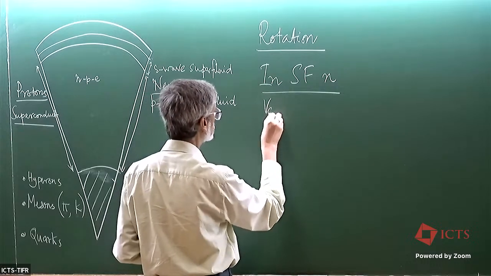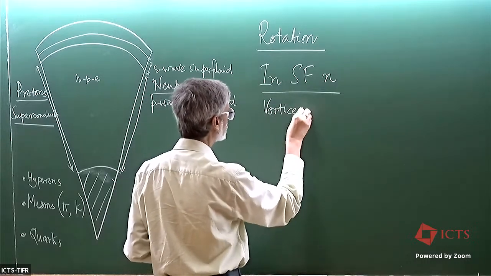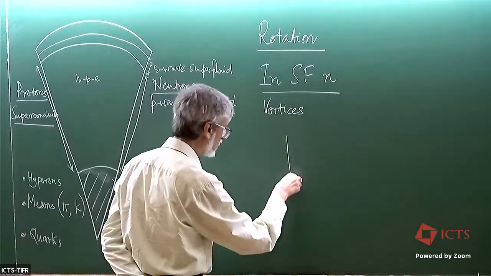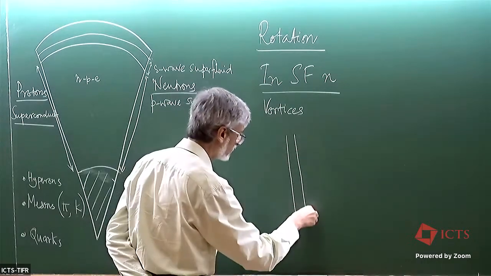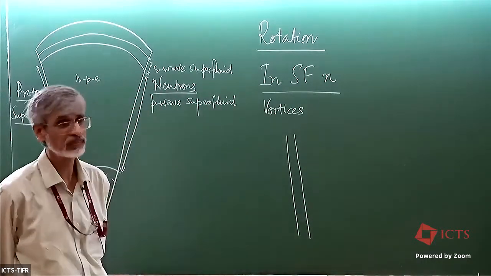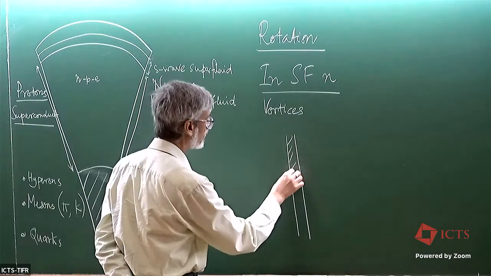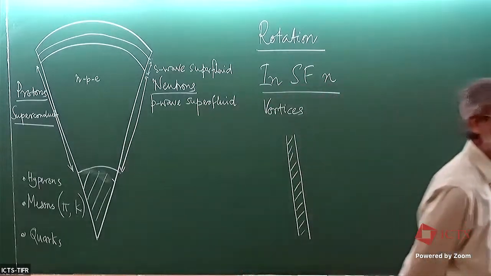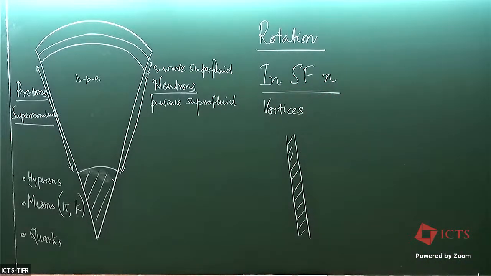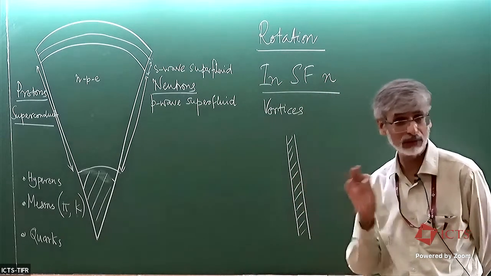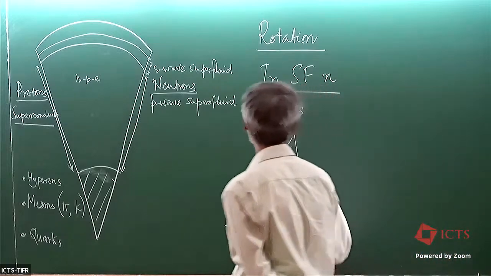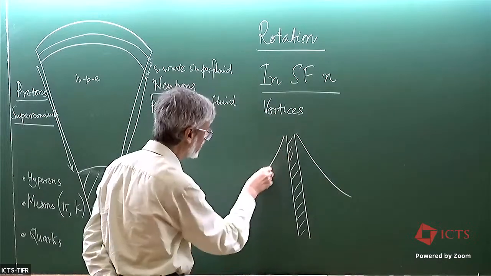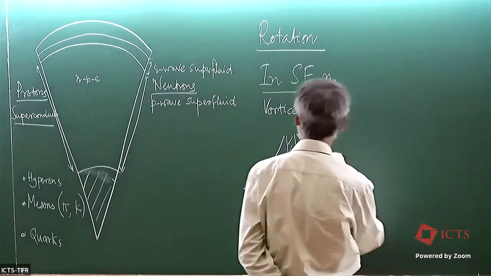So these are vortices, quantized vortices. The vortices have the following structure. You have a core in which the matter is normal, it is not superfluid. So this can rotate happily without any problem. And then you have a 1/r superfluid velocity field around it.